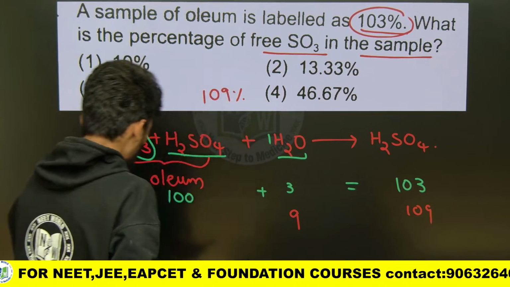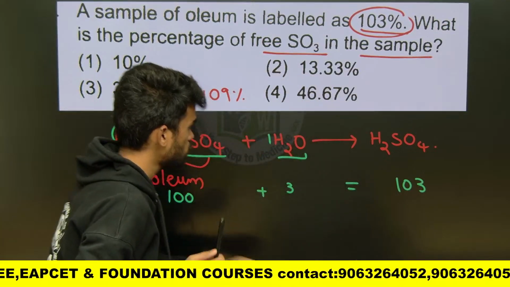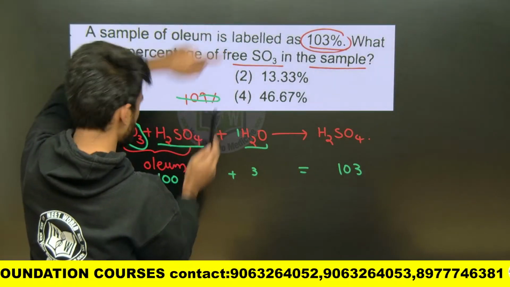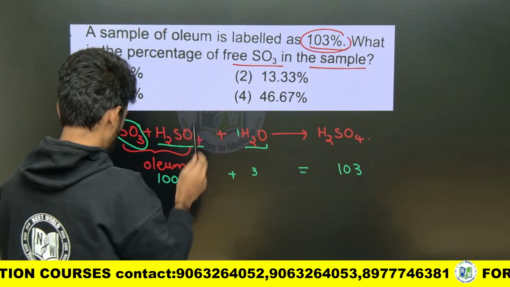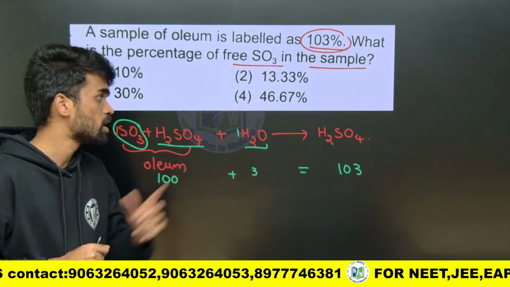Let us make this simpler. 100 grams of this oleum, labeled as 103%, reacts with 3 grams of water to form 103 grams of sulfuric acid.